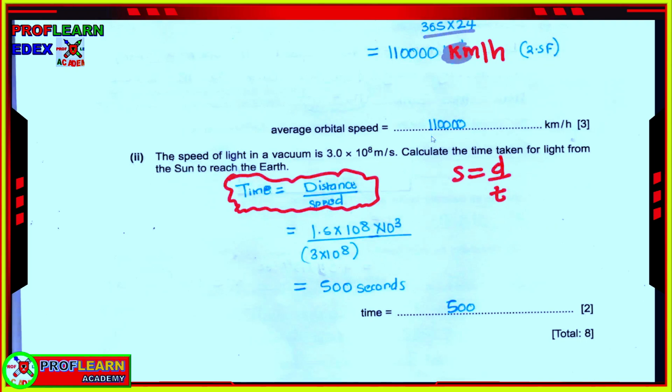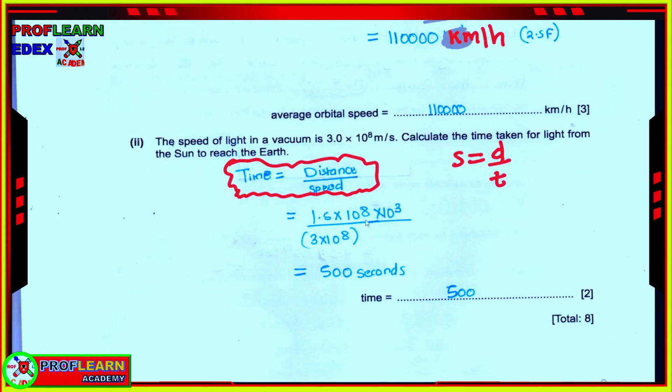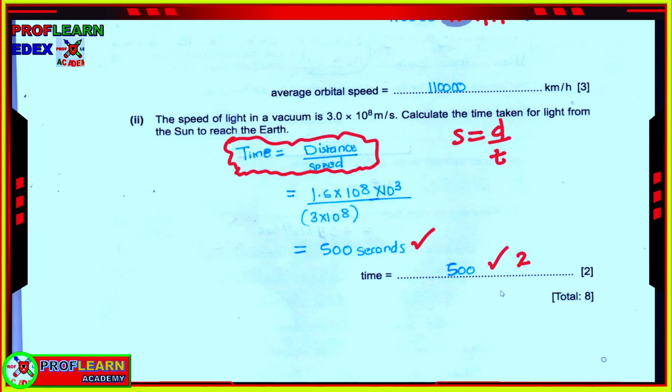That's why I did that at this point, because the speed of light in a vacuum is 3.0 times 10 raised to power 8 meters per second. So this distance also must be in meters in order to get our time in seconds. And you are going to transfer that answer here to make the examiner happy, and you shall get 2 marks for that case.